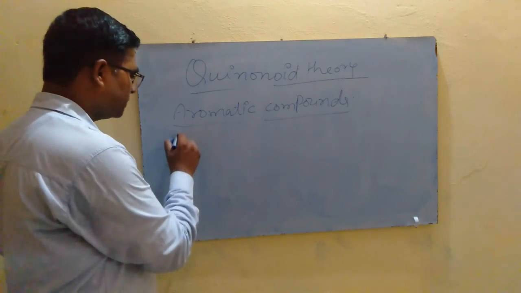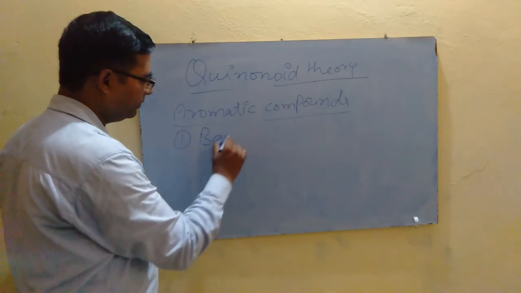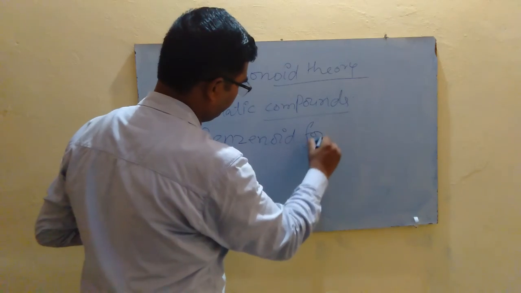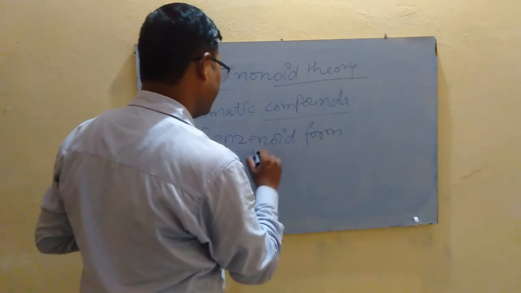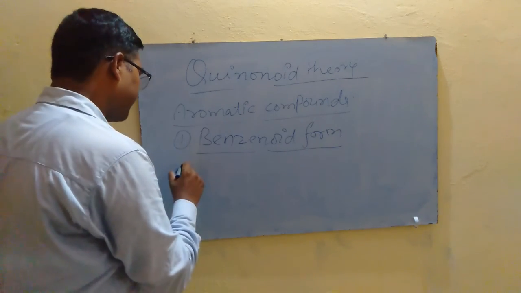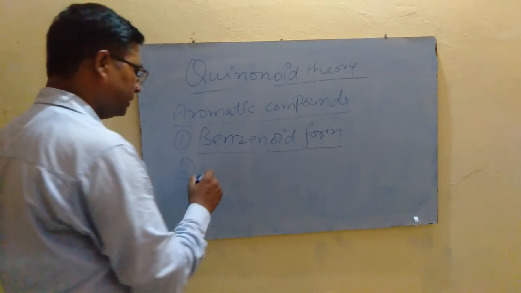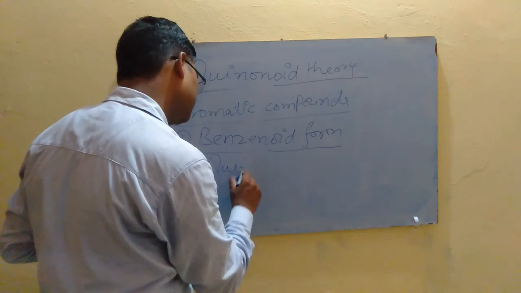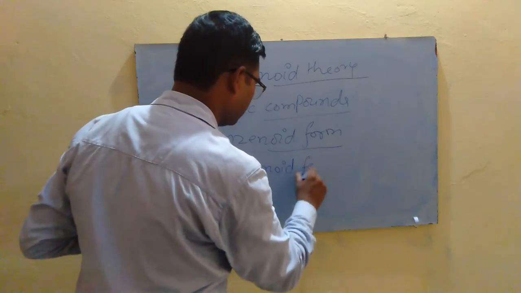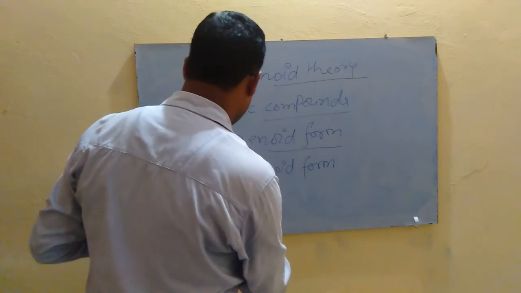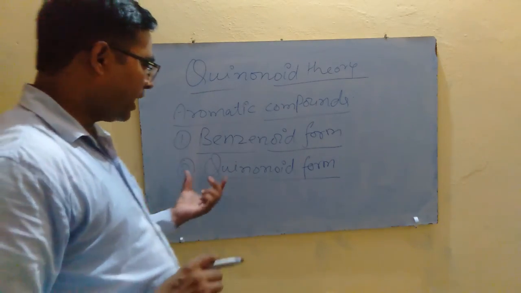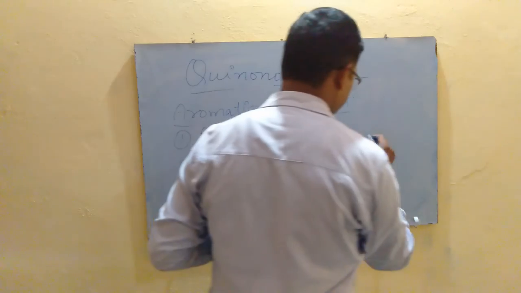One form is known as benzenoid form. This benzenoid form has a benzene nucleus in the molecule, and another form is quinonoid form, and the quinonoid form of indicator molecule has a quinone ring.